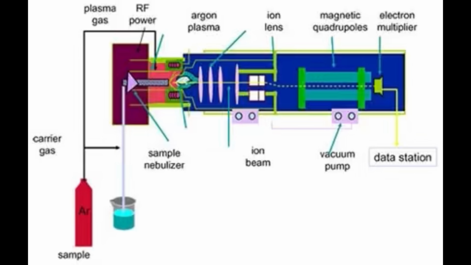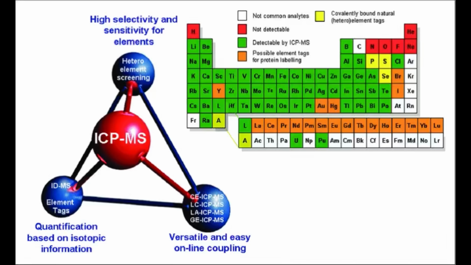What you're measuring are individual elements, not intact molecules. This makes ICP-MS the gold standard for trace metal analysis, determining toxic elements in environmental samples, measuring minerals in biological samples, and quality control of pharmaceuticals for elemental impurities.